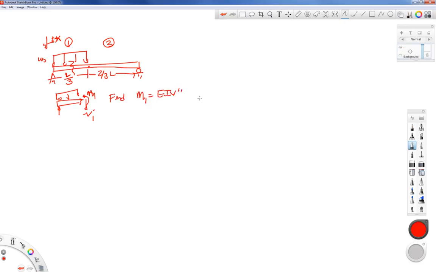You would integrate that twice. You would end up with two constants of integration, C1 and C2. You would make a cut inside section 2, looking in either the left or the right side.